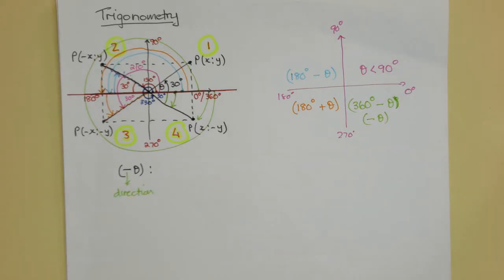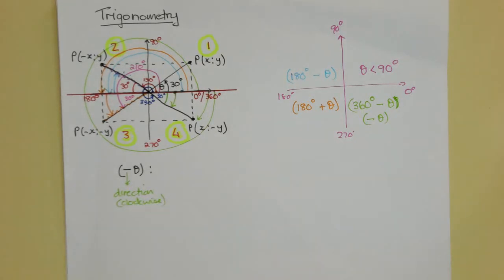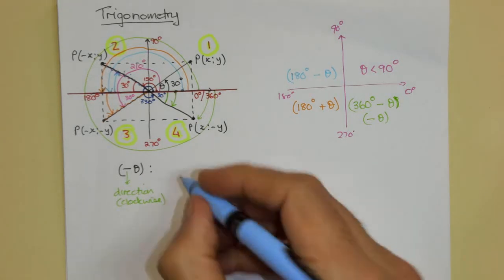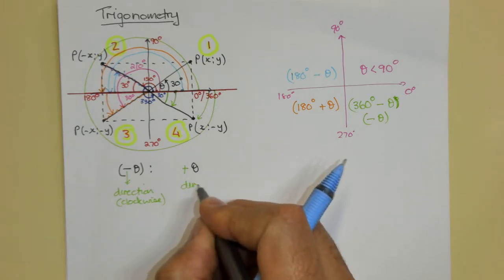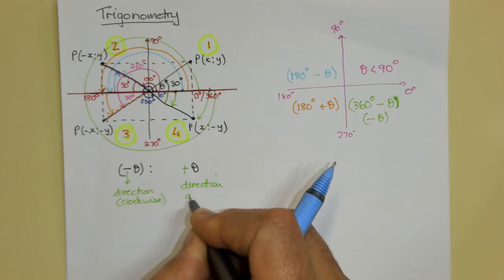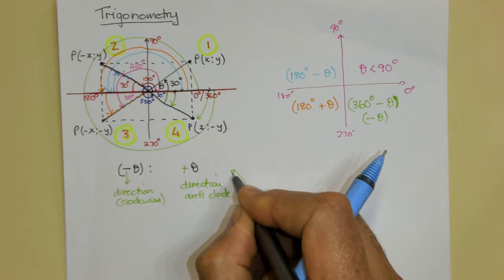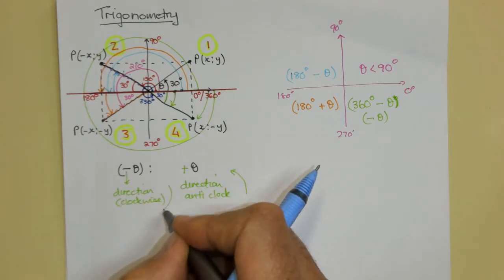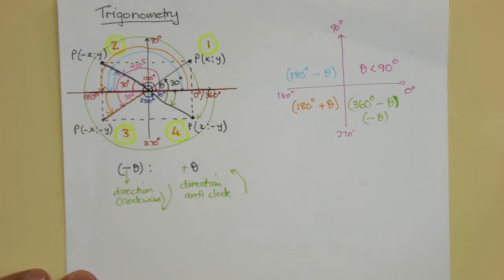The angle direction here is a clockwise direction. Okay, if the angle is positive, there's a plus in front of here, invisible, so the direction will be anti-clockwise. So I measure in that direction. Clockwise direction, I measure in this direction, away from the initial ray, or then the horizontal in my diagram.